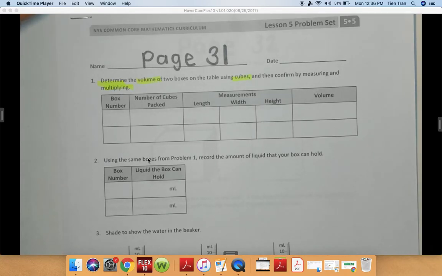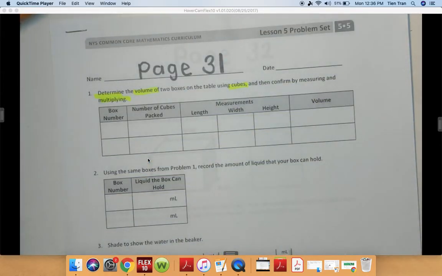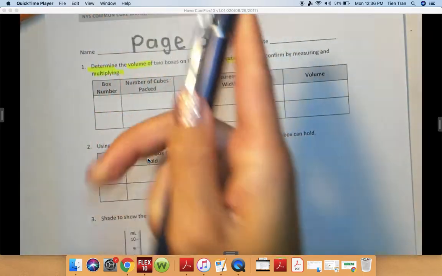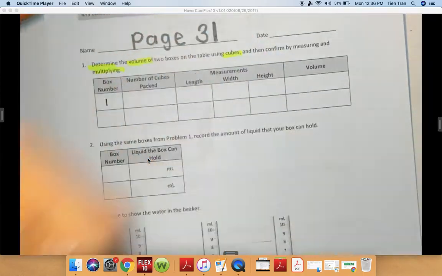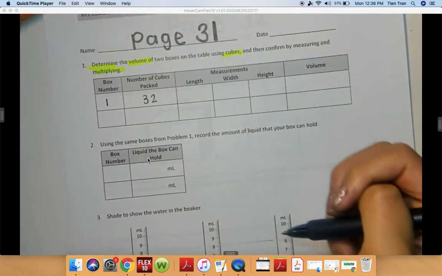So this is my box number 1. It is a Percy Jackson box. I know you didn't see it very well, but let's say box 1 had 32 cubes packed.